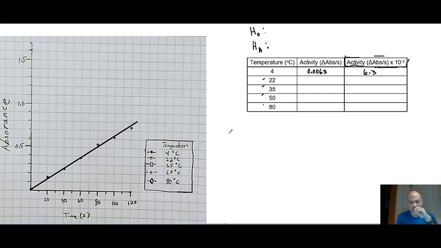So those things didn't vary. The only thing they varied was the temperature at which those pairs were at, right? So we're asking the question here, does our independent variable here, which is temperature, affect enzyme activity?